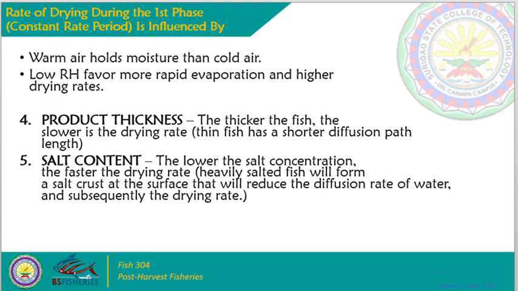Usually you will see bulad in boxes because sometimes they get moldy. Recommended salt is 12%. The water activity is about 0.78. Histamine level is 60 milligrams per 100 grams of edible portion of the flesh. So that's the first type of dried fishery product.